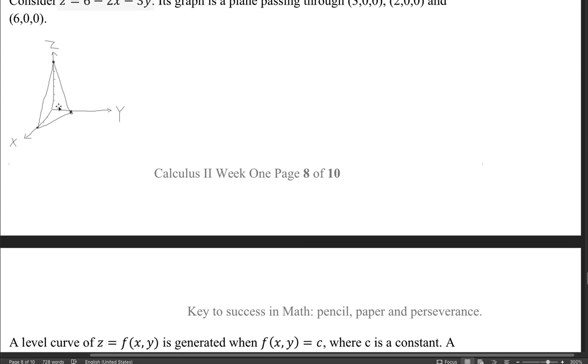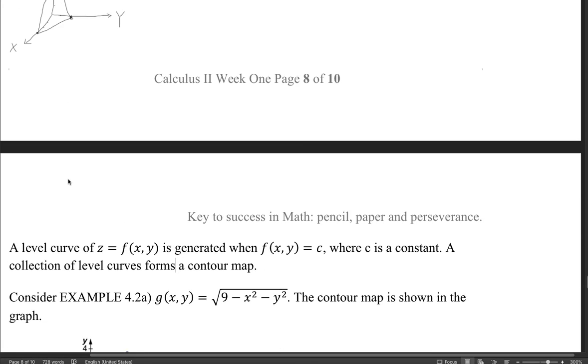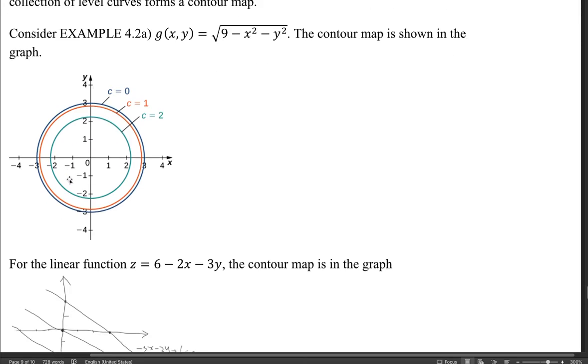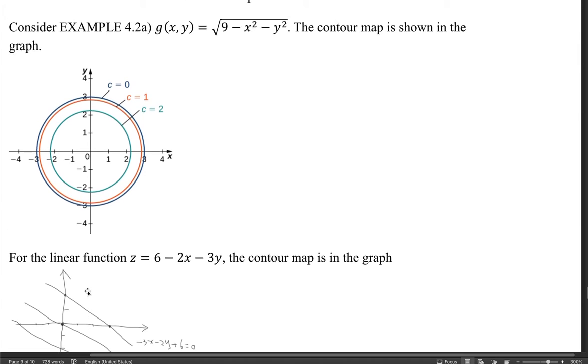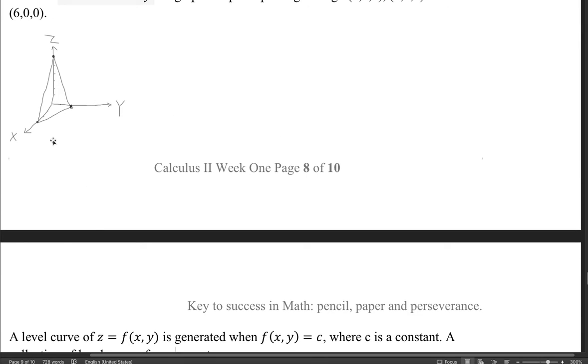If you see the plane clearly, you don't need to bother about the contour map or level curves at all. But if you have the plane in your mind already, you can visualize how the plane is formed. You are stacking those lines, getting closer and closer to the z-axis, and then it will form like this.